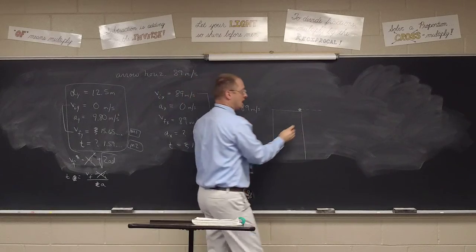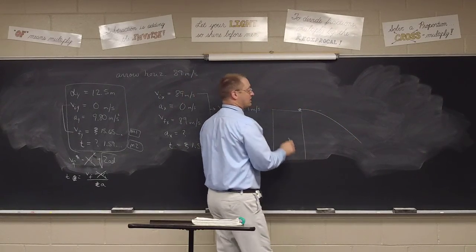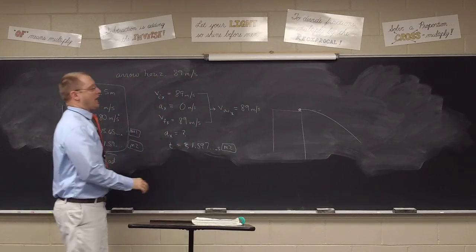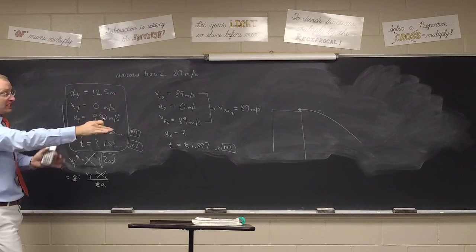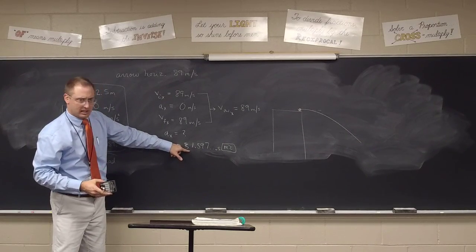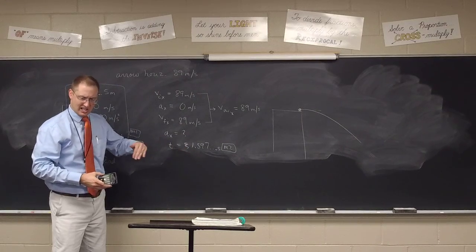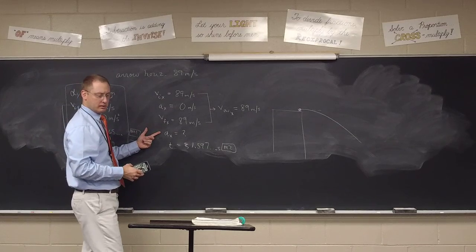But with no air resistance, it's going to begin dropping immediately. Now, it's going to be a minute drop, right? But it's going to begin dropping immediately. And obviously, the faster it goes, the further, 89 meters every second it's in the air. Well, it's in the air for 1.597 seconds, right? And every second it stays in the air, it continues to go 89 meters per second. How would I find this displacement?